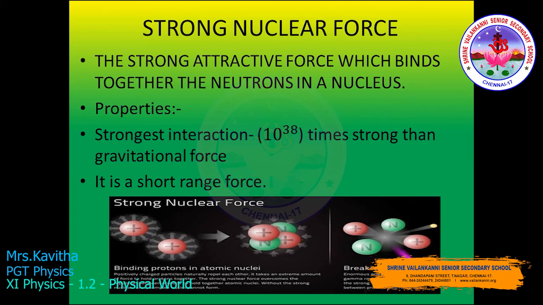Actually, this force cannot be electrostatic force because positively charged protons strongly repel each other at such small separations, for example approximately of the order of 10 power minus 15 meter. And also the gravitational attraction between two protons, being much weaker, cannot overcome the electrostatic repulsion. So a new attractive force must be acting between the nucleons, that means the proton and the neutron.